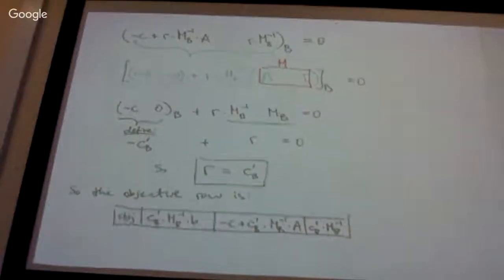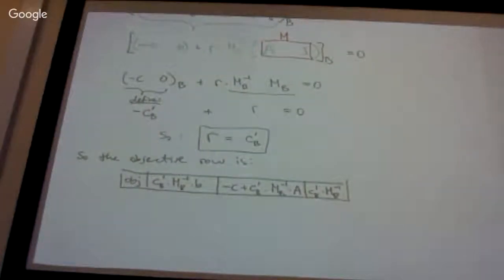Okay, I'm replacing R with what we know it is now. So that gives me the whole tableau, which is theorem 4.7 in the book.